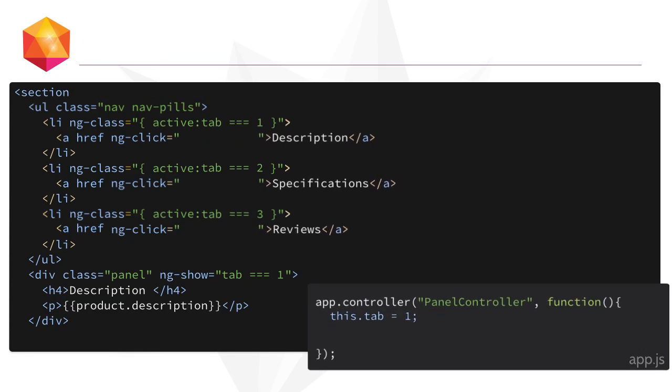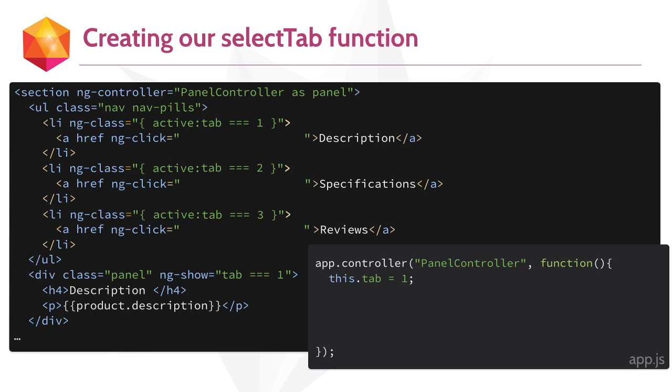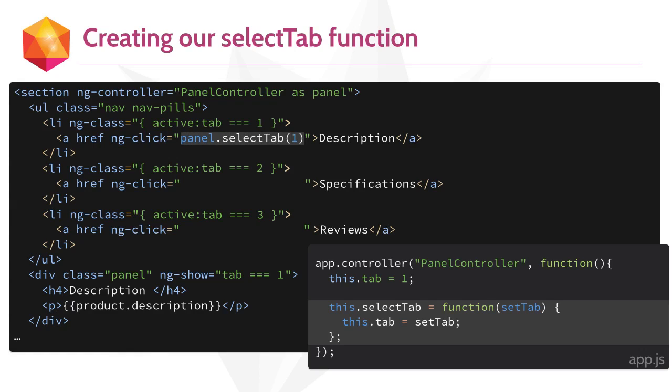Next, let's take the assignment logic out of our HTML and create a function expression. This is going to take a parameter, setTab, and inside of this function, we'll set the tab property equal to that variable. And then inside of our ngClick expression, we'll simply call panel.selectTab1, panel.selectTab2, and panel.selectTab3.